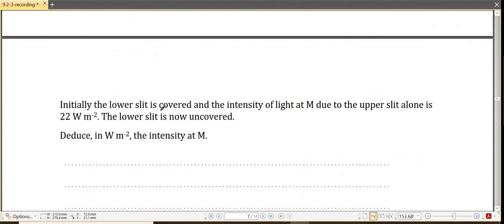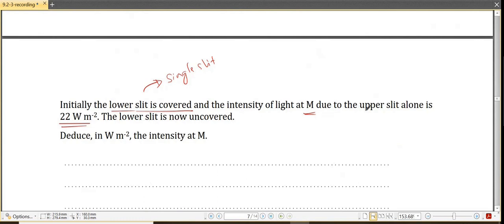Initially, the lower slit is covered. What does it mean? So it is talking about a single slit. When one of the slits is covered, only one slit is working. So due to the single slit, the intensity of light at M due to the upper slit alone is 22 watts per meter square.